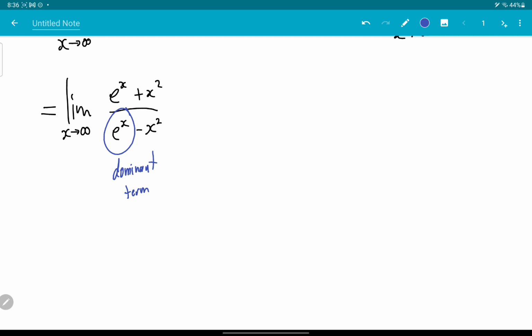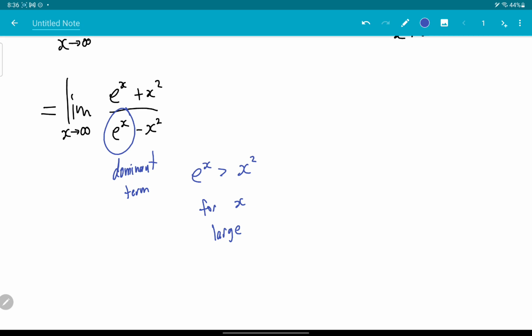The dominant term: what I mean is that e to the x is bigger than x squared for x large. If I have a large x, then e to the x is bigger than x squared.